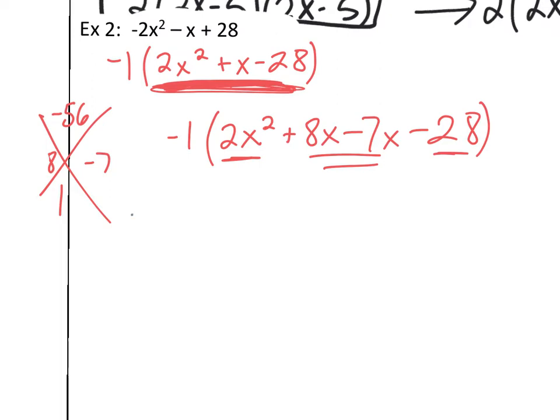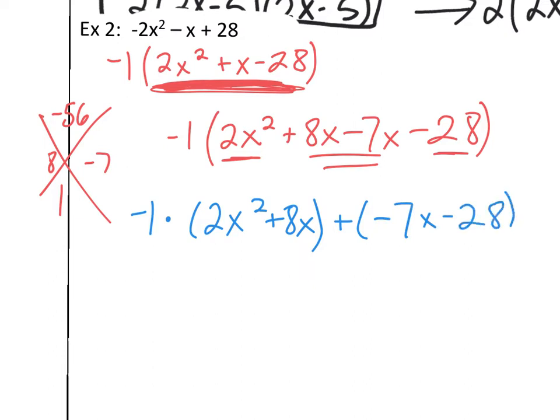Group it. So keep your negative 1 out here chilling. Group your first two terms. Group your next two terms. If you switch the 8x and the negative 7x, it's not going to matter. You're still going to get the same answer. Okay?